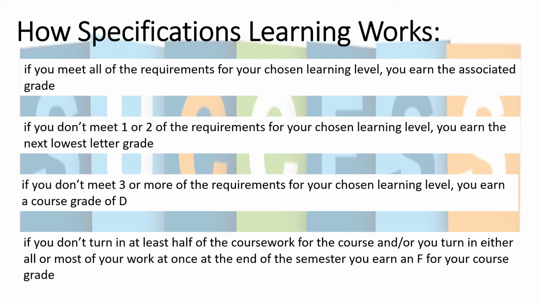The second circumstance is if you turn in either all or most of your work at the end of the course, when it's too late to have any benefit or effectiveness in terms of your learning.